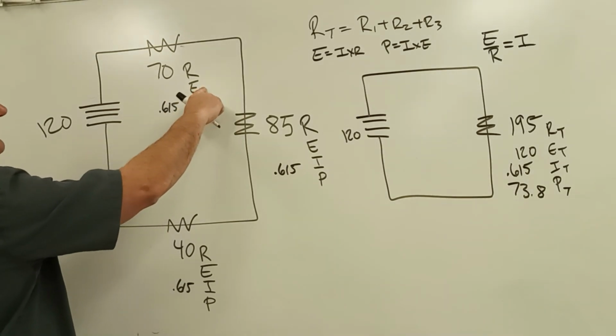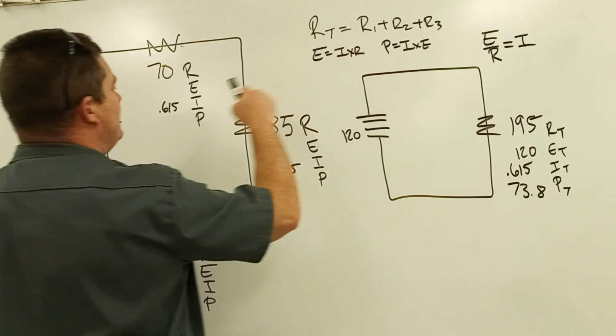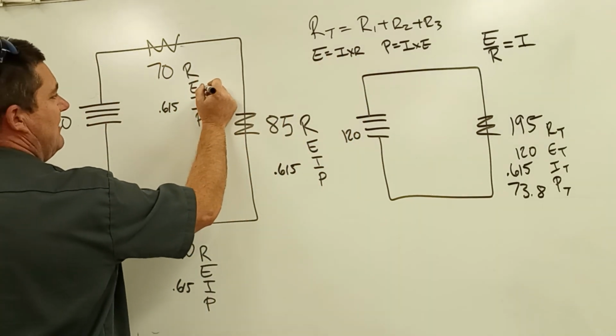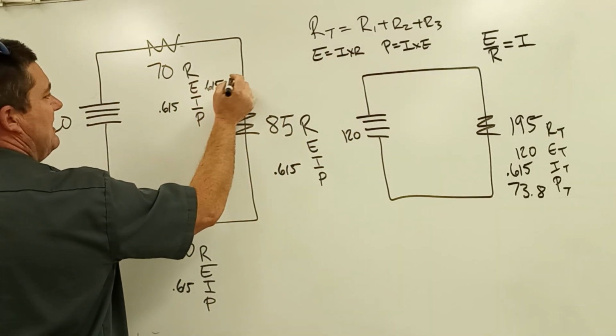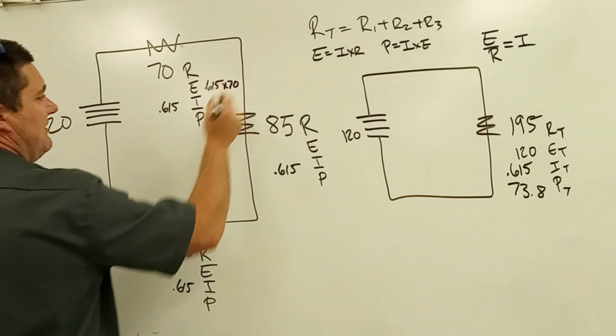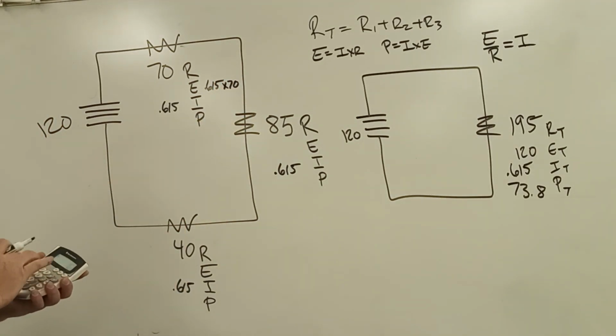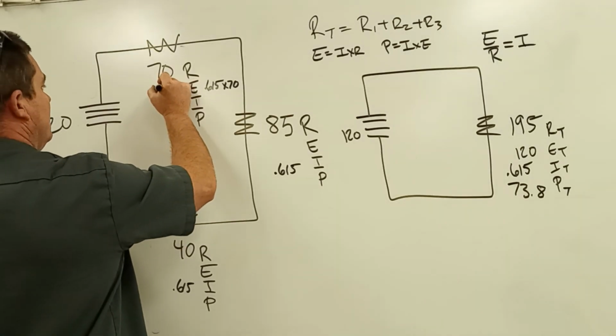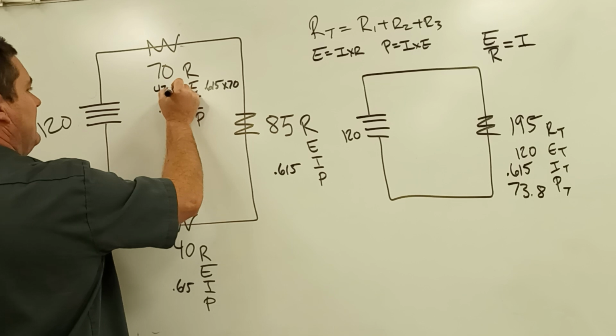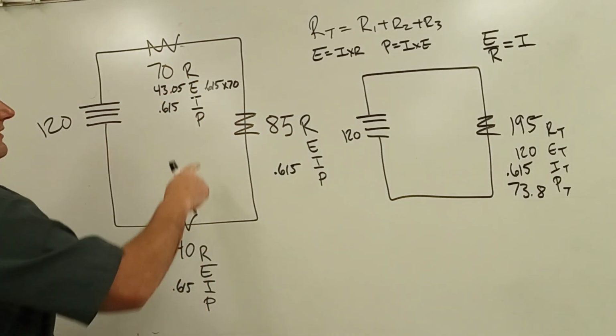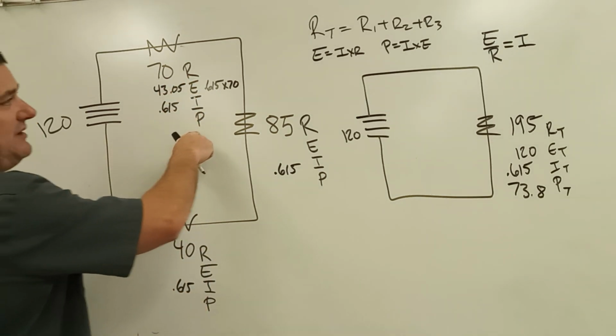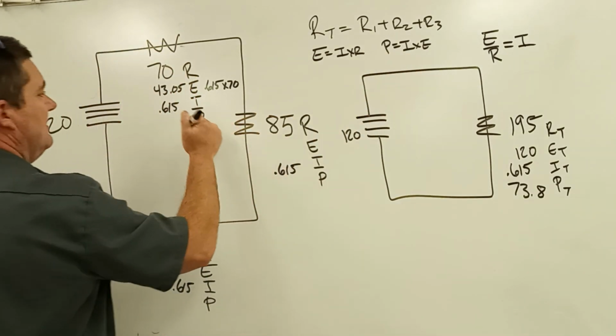How do you find E? E equals I times R. So to find E, we have 0.615 times 70 equals 43.05. To find wattage, P equals I times E.